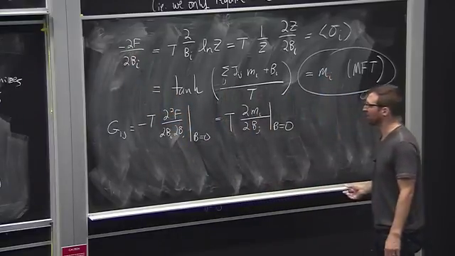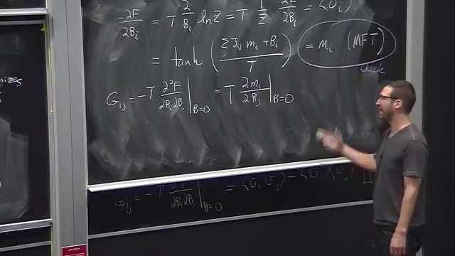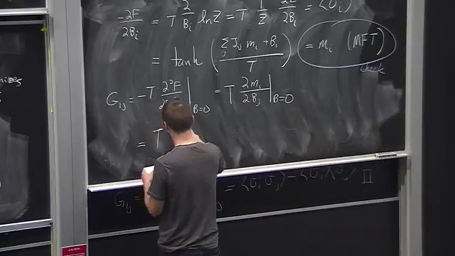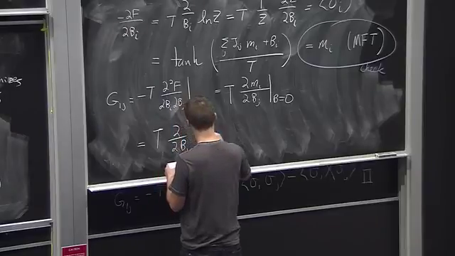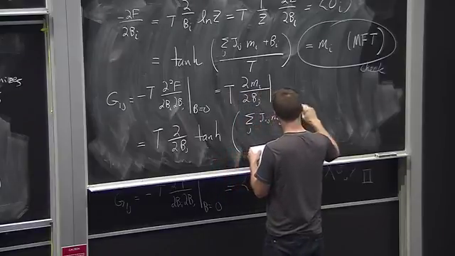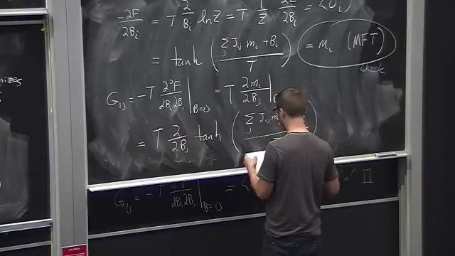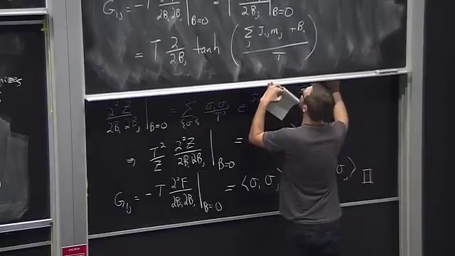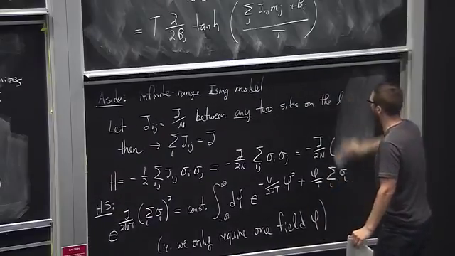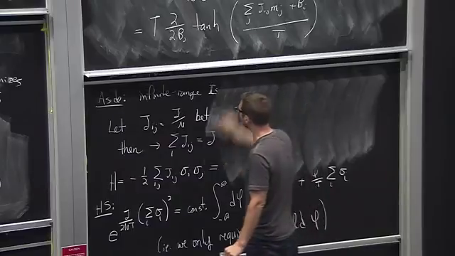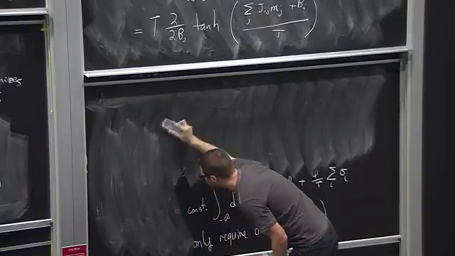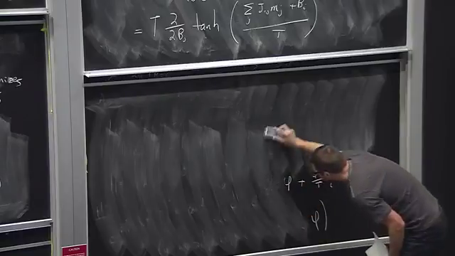And I've just written that in terms of the partial derivative of that m, which is that tanh expression, the hyperbolic tangent. So I'm almost done.